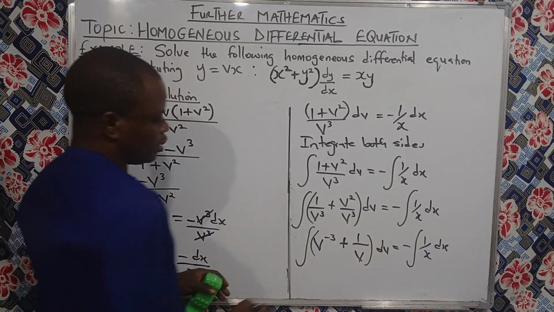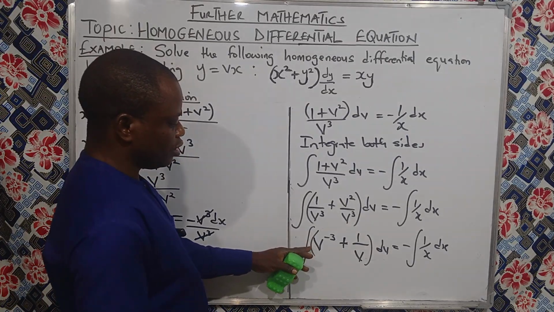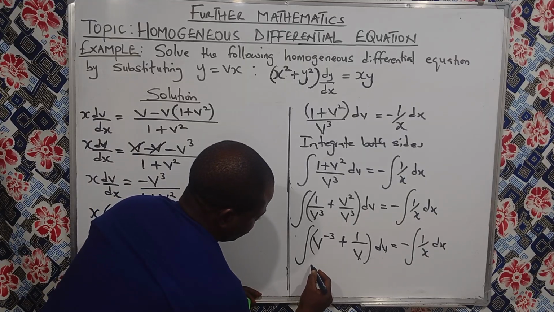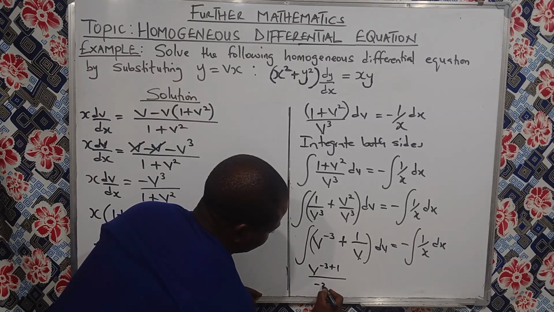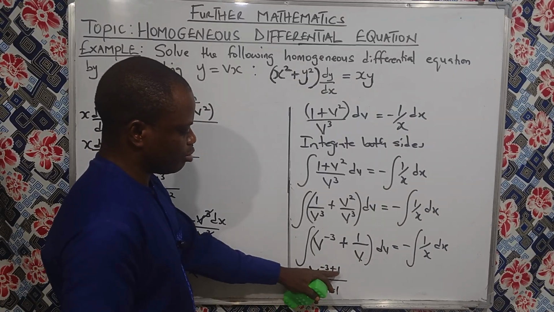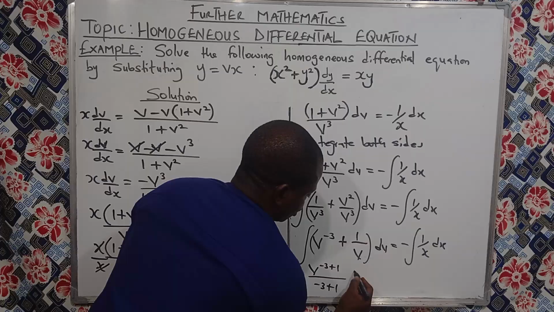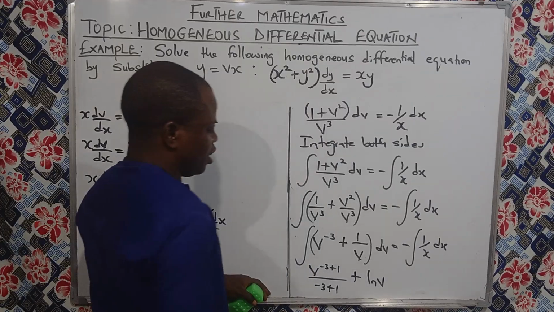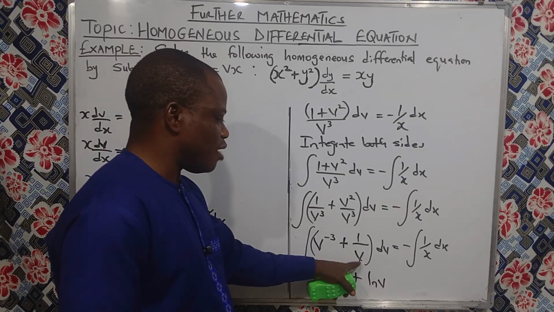Okay, we now apply the rules of integration by removing this integral. When you do that, you now have v raised power minus 3 plus 1 over minus 3 plus 1. The power will be repeated down. Just bring it down, plus ln v. Ln v has taken care of the integral of 1 over v.